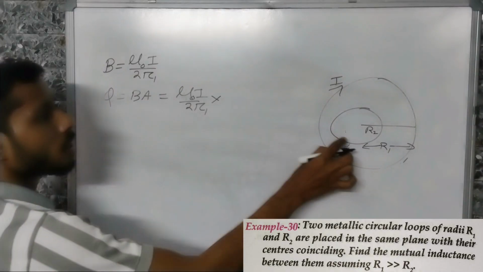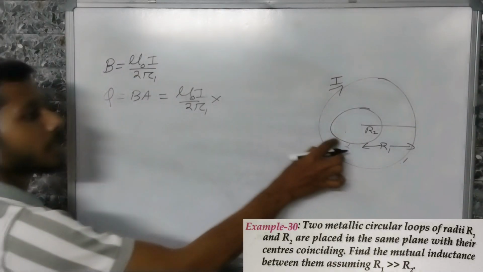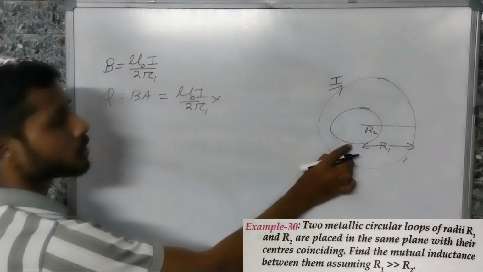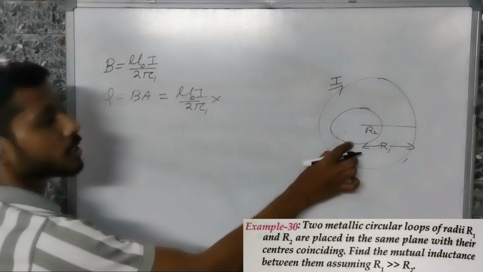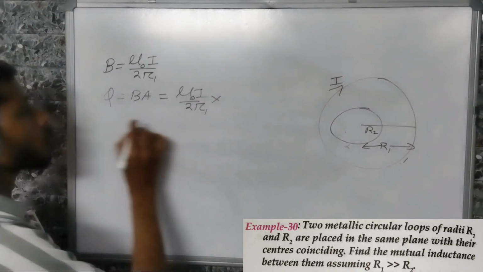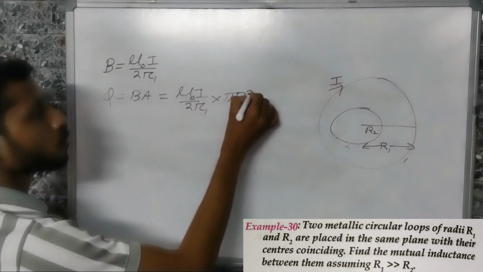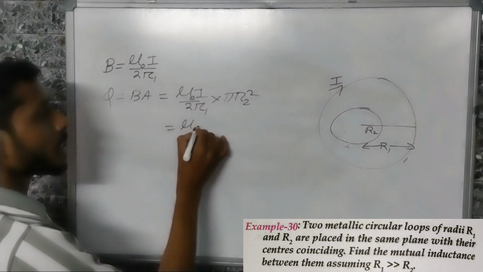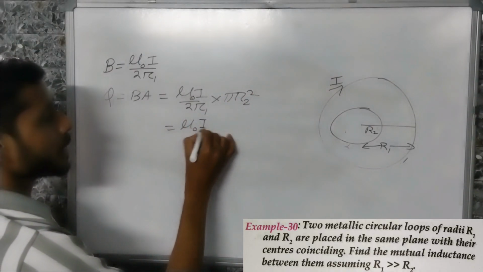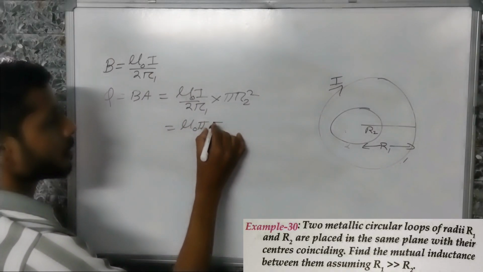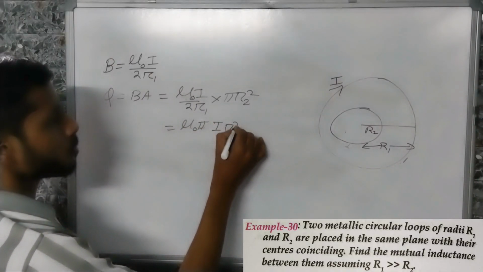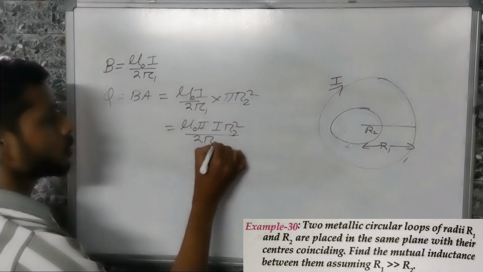Again, phi is the flux in coil 2. So here area is pi r2 square. So ये हो जाएगा mu 0 pi I r2 का स्क्वायर by 2r1.